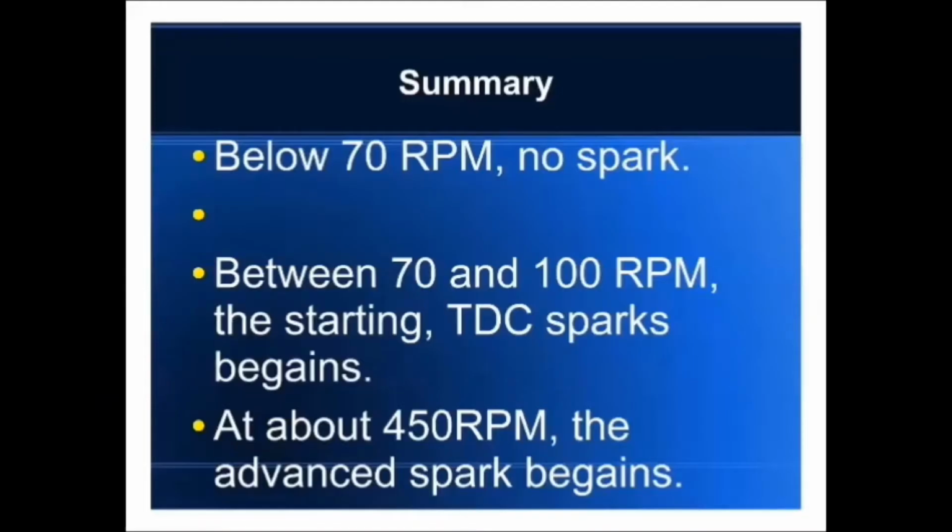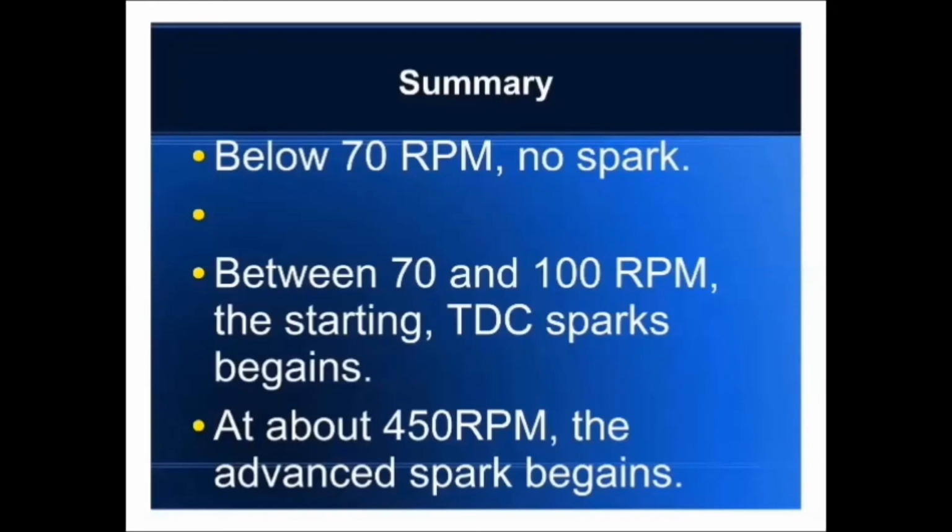In summary, below the RPM threshold of the trigger, we can create the condition where we have no spark, which is very desirable when you're just trying to start the engine. Then as the RPM comes up and we get the initial top dead center spark, the engine starts.